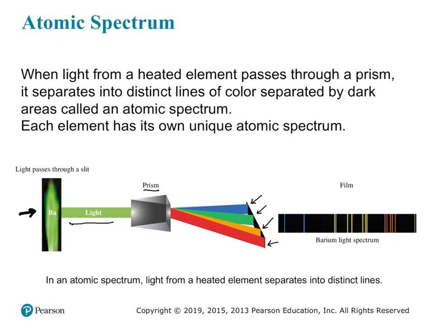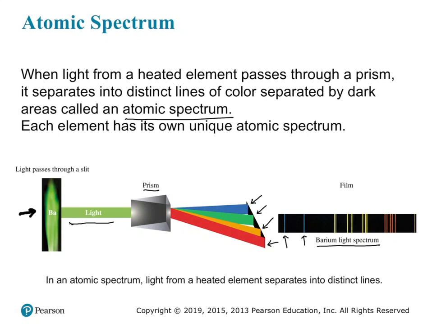And those are actually all mixed together to make that original green color. So now, if we were able to detect those colors on a detector, we would get something called a light spectrum. And so we would see all of these different colors of light that are making up the color of barium. So this is our atomic light spectrum.